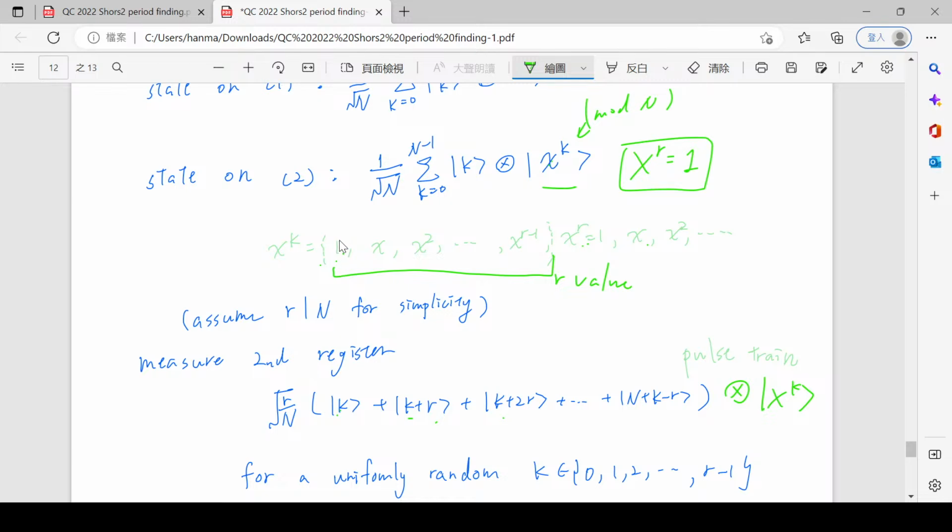For example, say k equals 0. You are measuring this 1, so you project back into whatever gives you x to the k equal to 1. So we'll get this 0, and since x to the r equals 1, r is also something that gives you 1 here, and we will get 2r here too, since x to the 2r also equals 1.